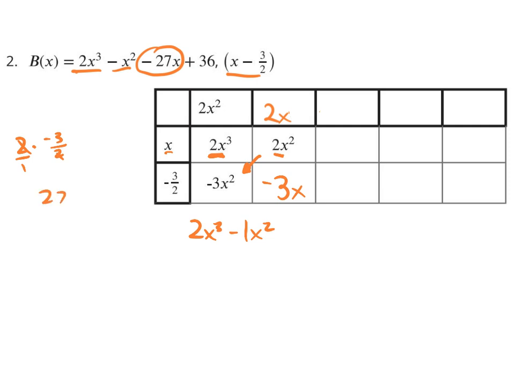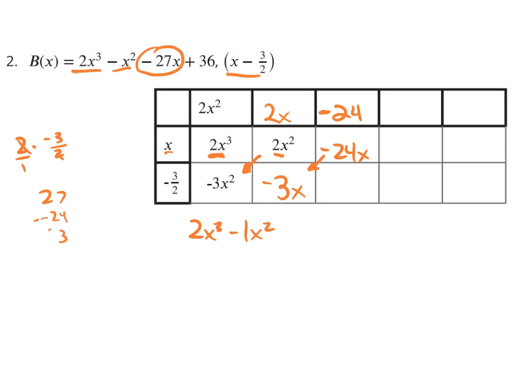27, and then minus this number is 3. 24. 27 minus 24 is 3. Or 24 plus 3 is 27. So our number up here is 24, but it has to be negative. Negative 24 times x is negative 24x.